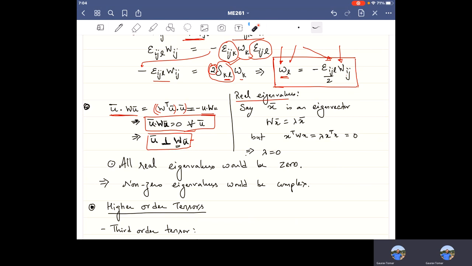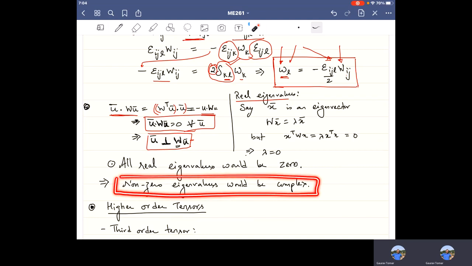Now we take the dot product with X, so X dot WX would be lambda X dot X, which is equal to 0. But X is not 0 because it's an eigenvector. So that means lambda must be 0, right? So all the real eigenvalues corresponding to an antisymmetric tensor will be 0, and the only non-zero eigenvalues would be complex. So that's what we get.